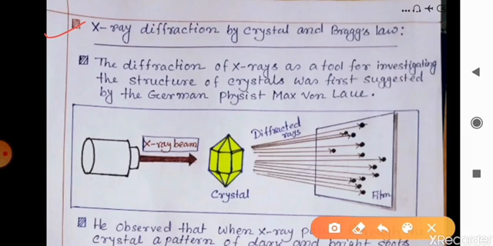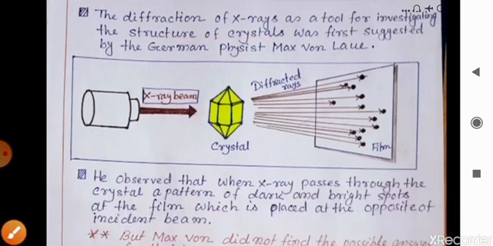The diffraction of X-rays as a tool for investigating the structure of the crystal was first suggested by the German physicist Max von Laue. What did he observe?